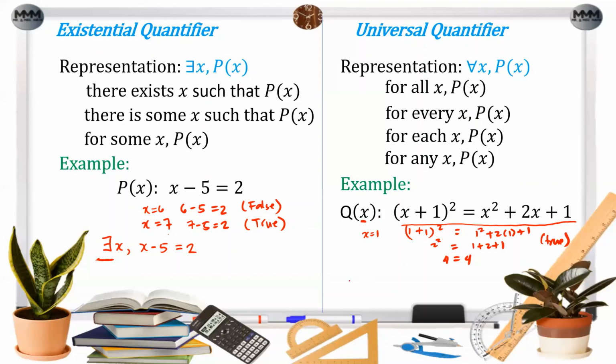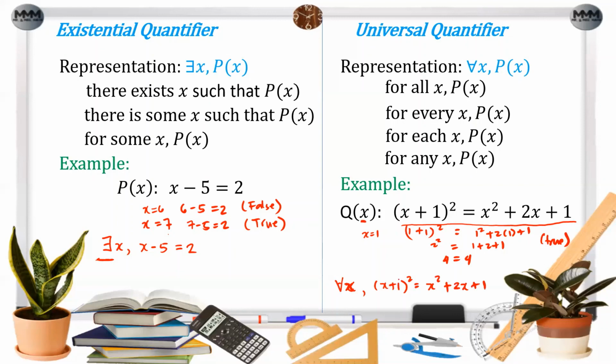Hence, for this predicate, we can write for all x. It depends: if we're using variable x, you write x, but if you're using y, you write y. So for all x, the square of x plus 1 is equal to x squared plus 2x plus 1.